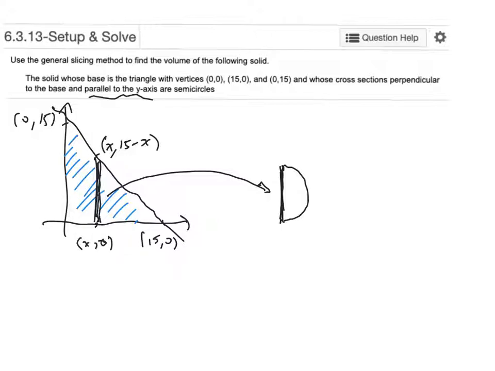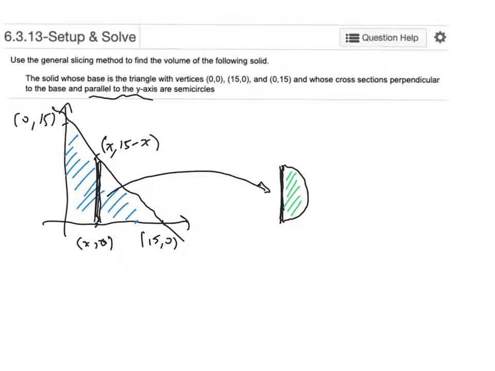So this is what the solid piece looks like, where this part was the part that was sitting right there on that stick. And so that means over here there's smaller semicircles, and over here they're bigger semicircles. So depending on where the slice is taken, I will have a different size semicircle.